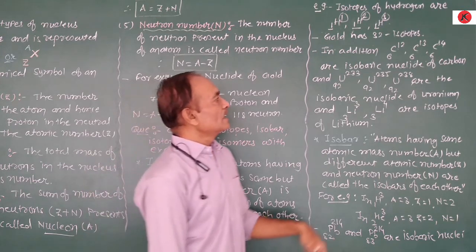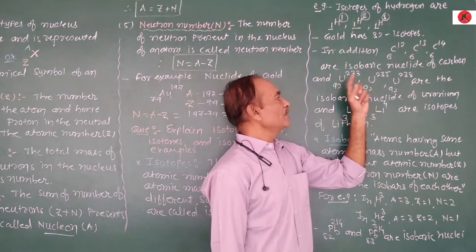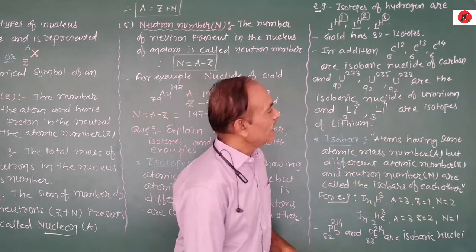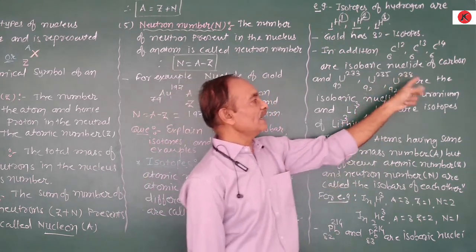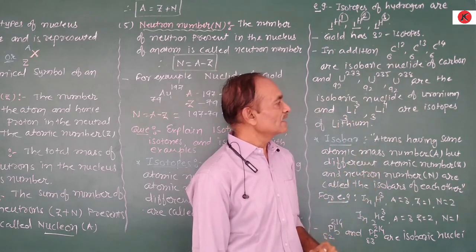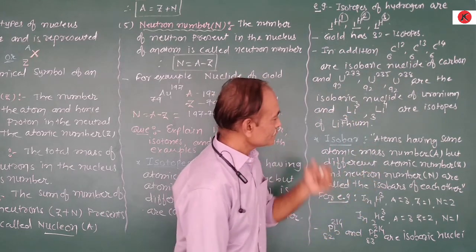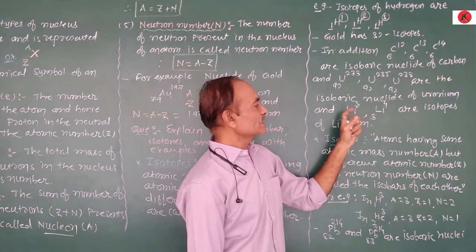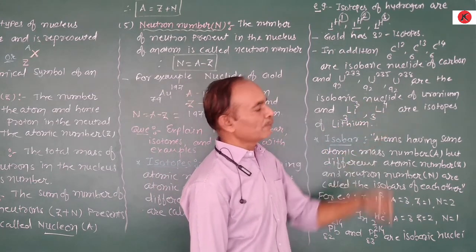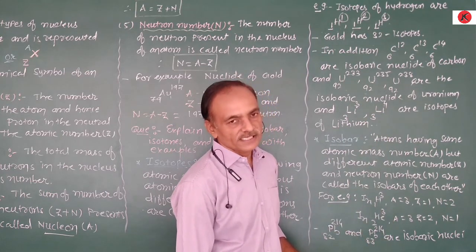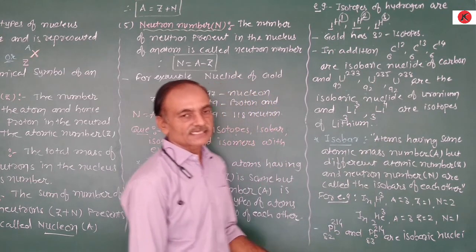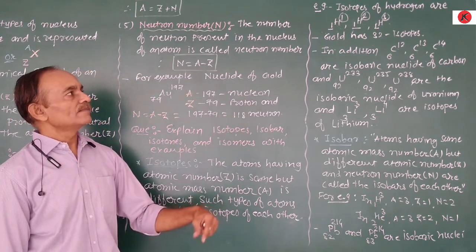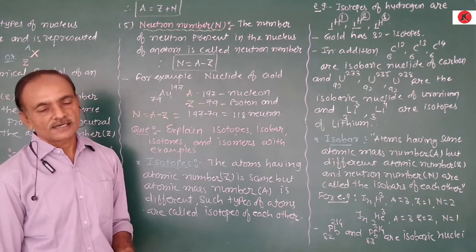One more example, uranium 92U233, 92U235 and 92U238 are the isotopes of uranium. And also for lithium, 3Li6 and 3Li7 are isotopes of lithium. So these are examples of isotopes of carbon, uranium, hydrogen and also lithium.